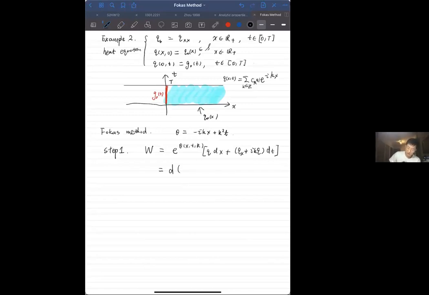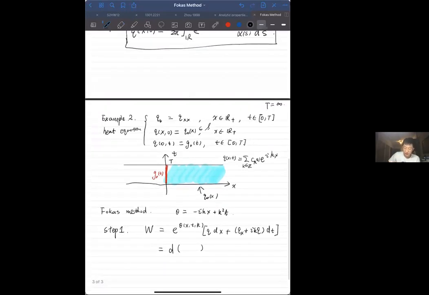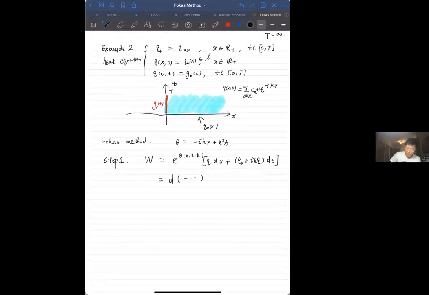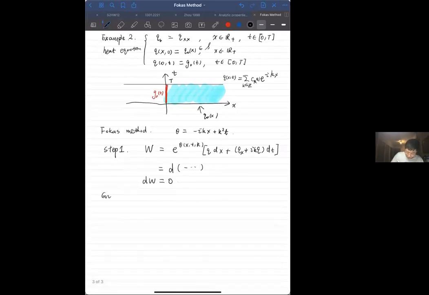You will see this is exact. It actually connects to the Lax pair, but that's not important for our purpose. This omega is exact, so d omega is 0, of course. So we can use the Green theorem.